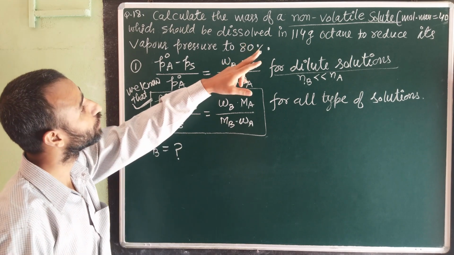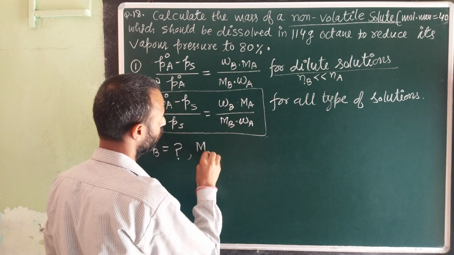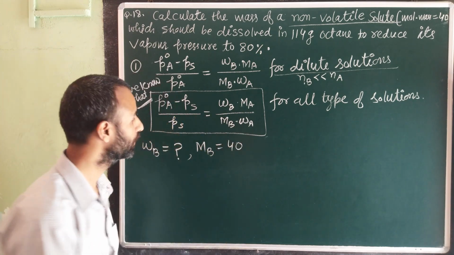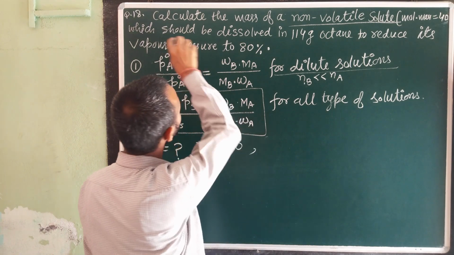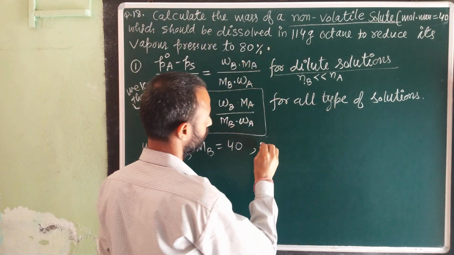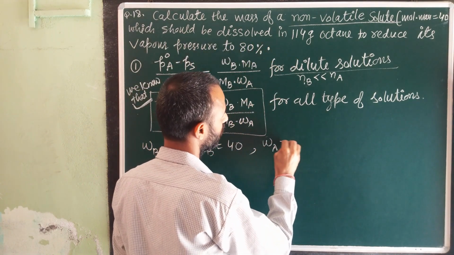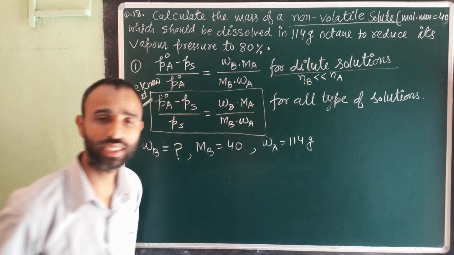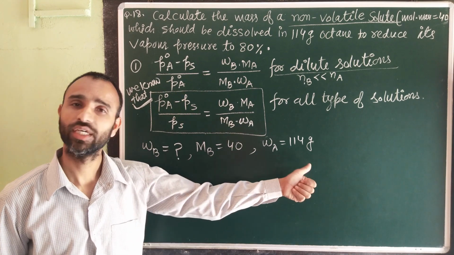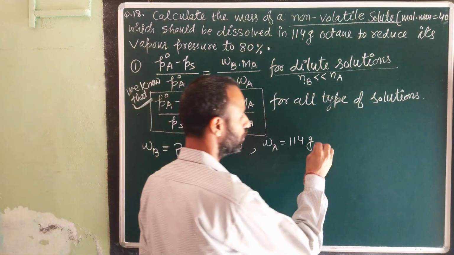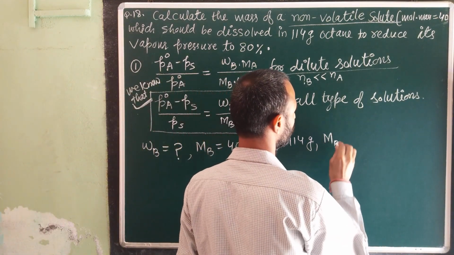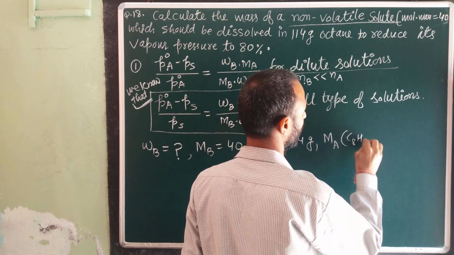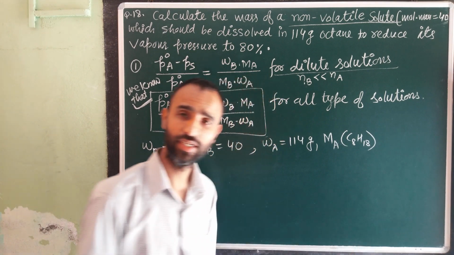Then, what is given? Its molar mass is given, 40, and it should be dissolved in 114 gram of octane. So octane is the solvent. What is the molar mass of octane? Octane is C8H18.